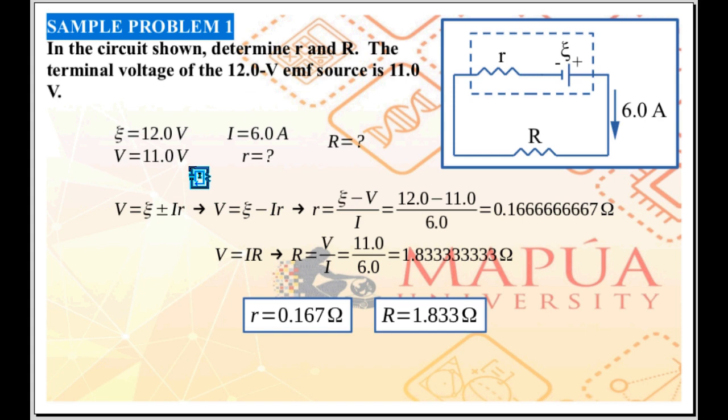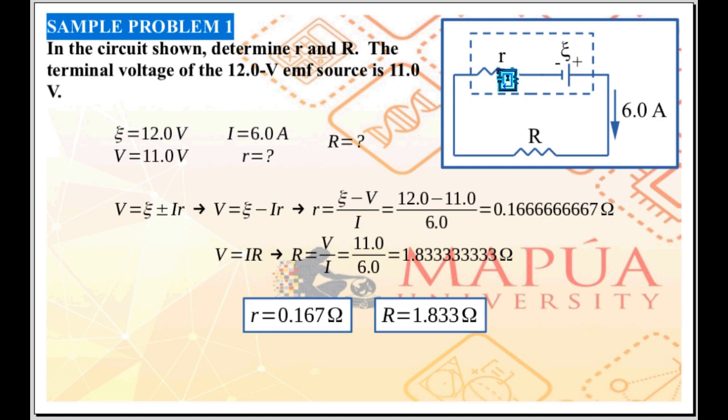So V is equal to 11 volts, EMF is equal to 12 volts. The figure tells us that the current flowing through the circuit as shown is 6 amperes. So let I be equal to 6 amperes.